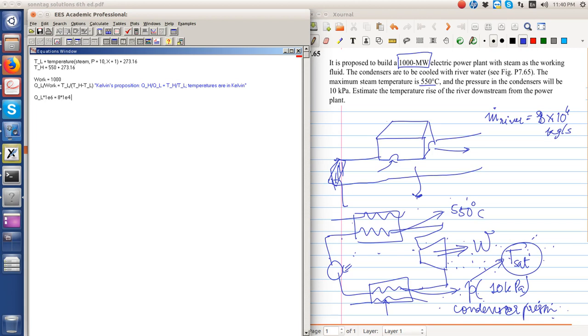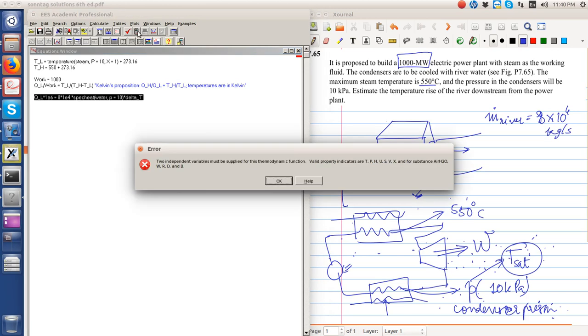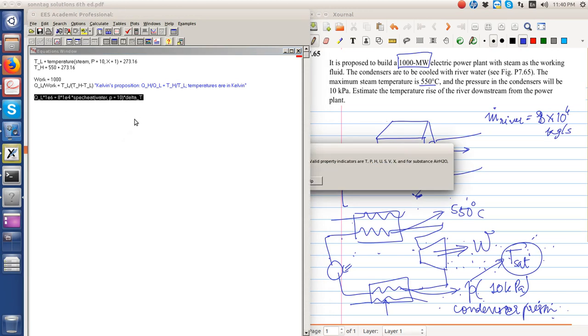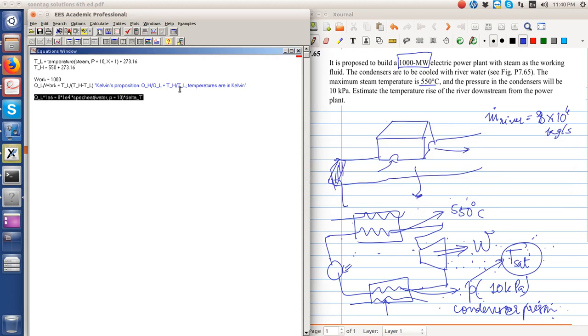So this is kg per second multiplied by the specific heat at P equal to 10, multiplied by delta T. For the specific heat we must specify the two quantities. It must be the specific heat of water in the river, at 100 kilopascal and x equal to 0, saturated liquid.